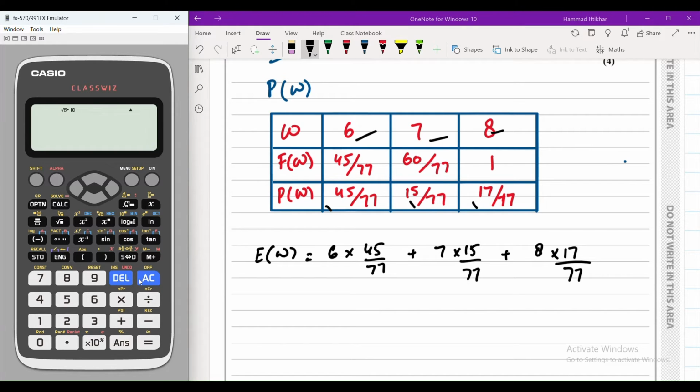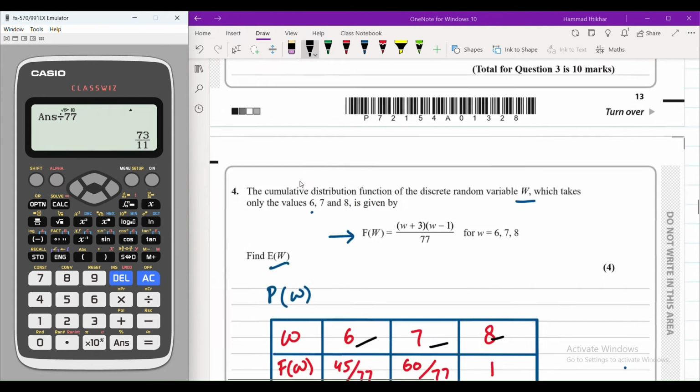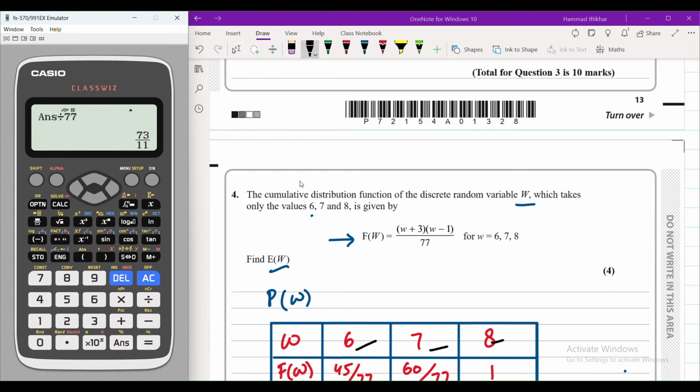First off, 6 times 45 plus 7 times 15 plus 8 times 17, then the total divided by 77, that is 73 over 11. That's it. Let's leave it at that.